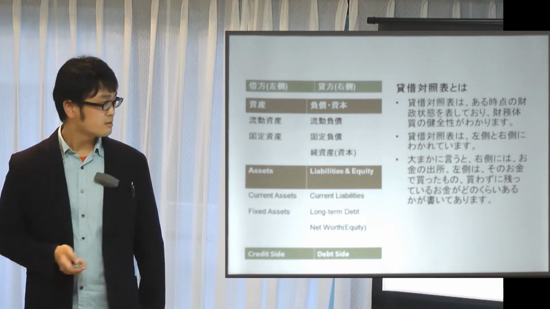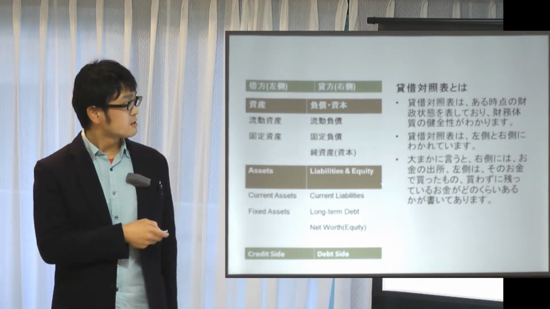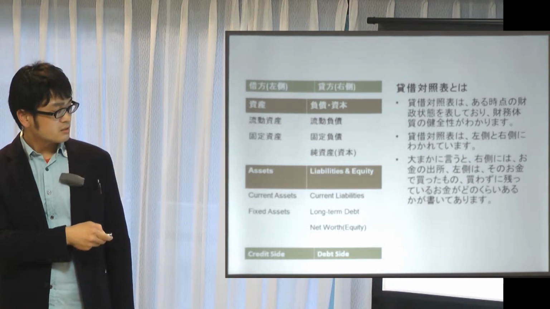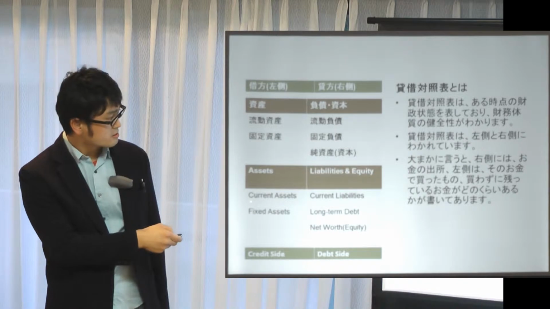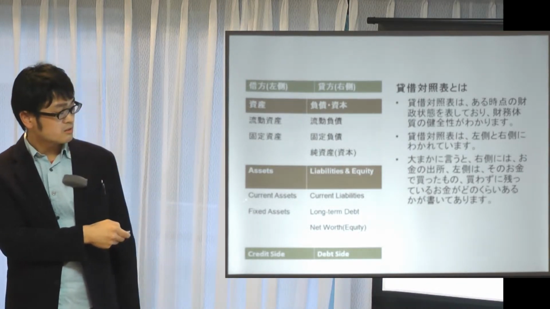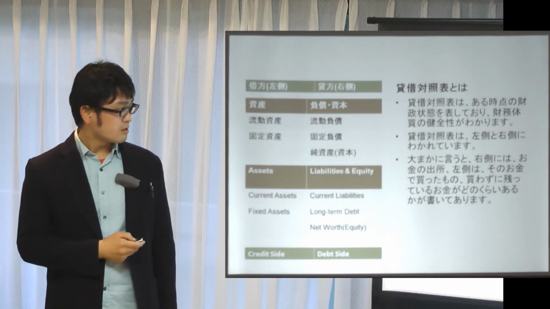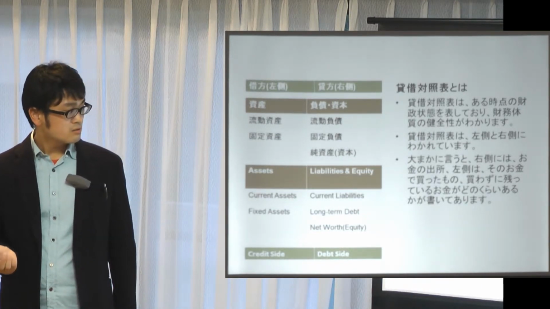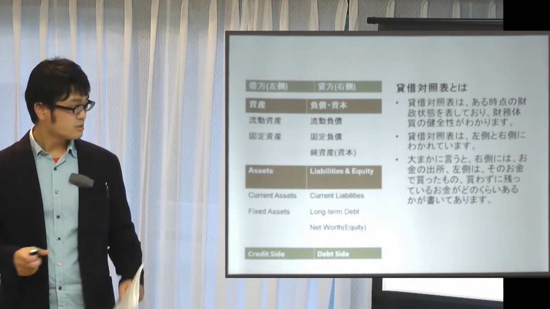Simply saying, the left side shows what the company has and how much money remains, and the right side shows how these things were purchased.